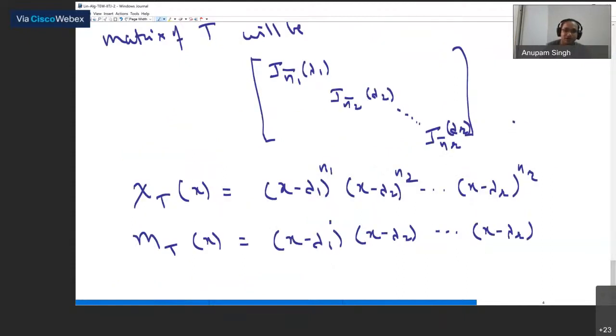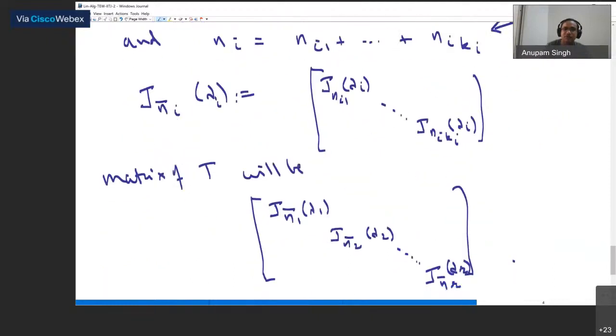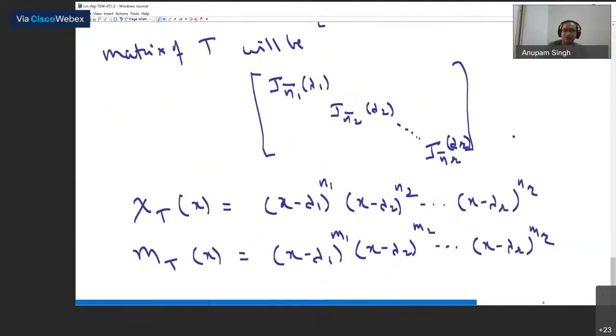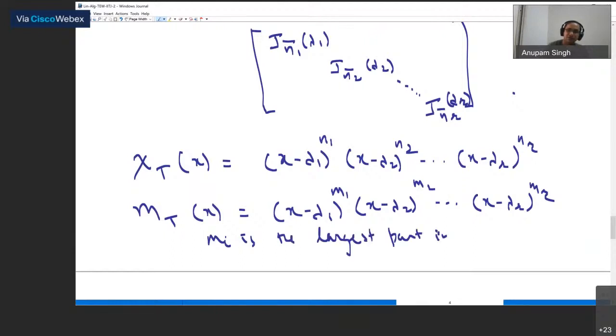Okay, and let's say this is some m1, m2, mr. And these m1, m2, mr will be reflected in these partitions which you obtained for ni1 and so on. The largest entry of this will actually be that mi. So in the partition of ni, the largest entry is this mi here. So mi is the largest part in the partition of ni.